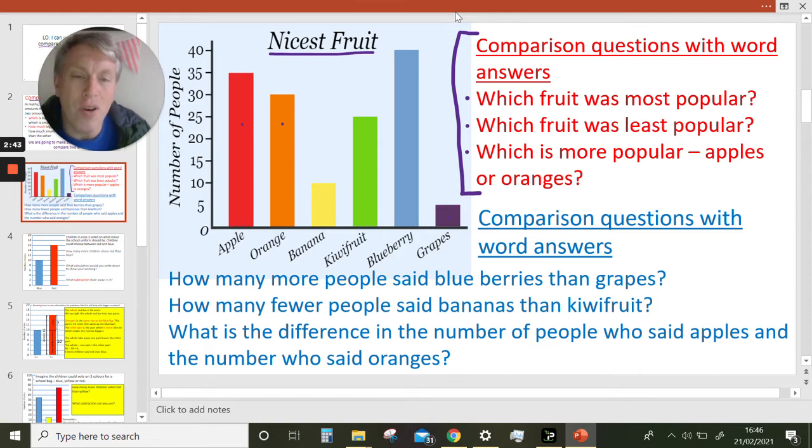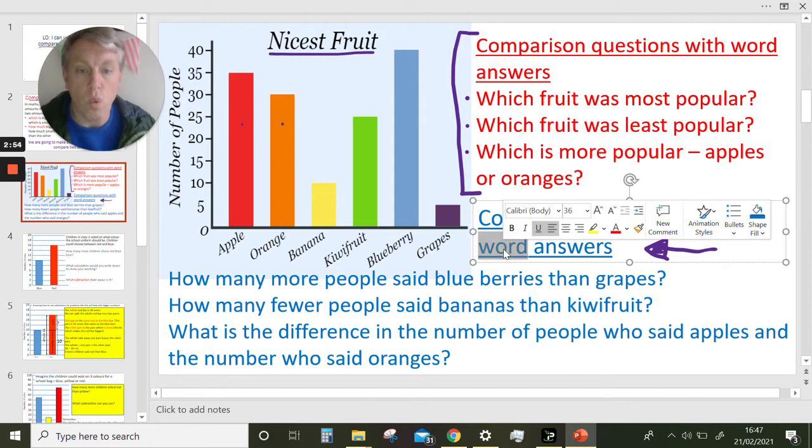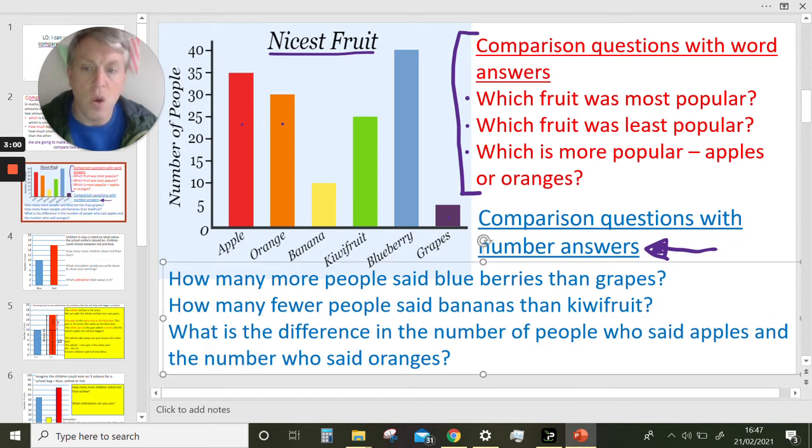But if we look at these questions here, which are written in blue, well, these are all comparison questions also, not with word answers, but with number answers. So we've got to compare the two numbers and say how many more or how many fewer, how much less. How many more people said blueberries than grapes?